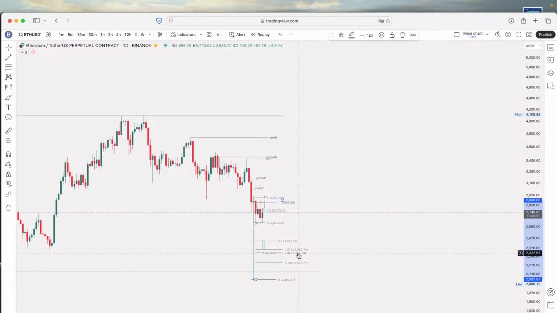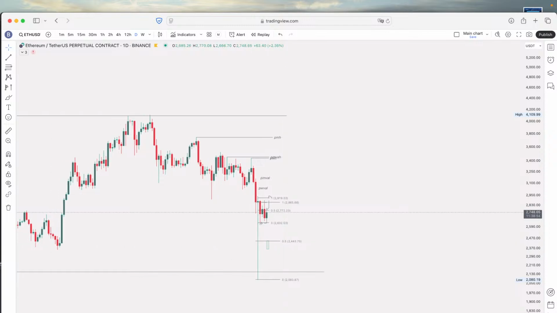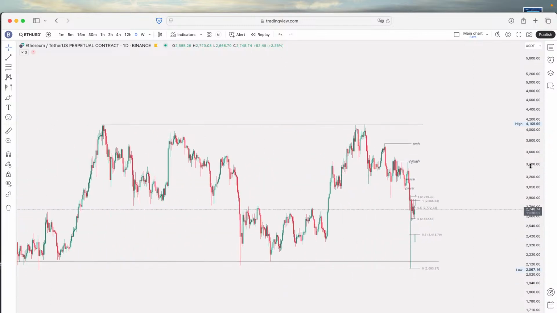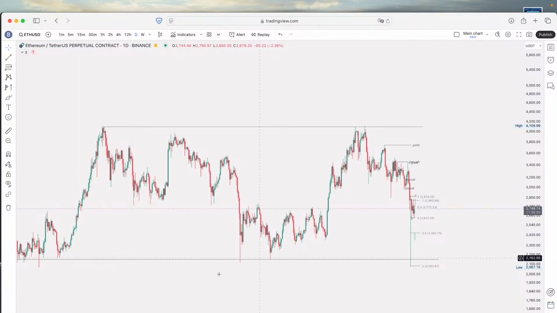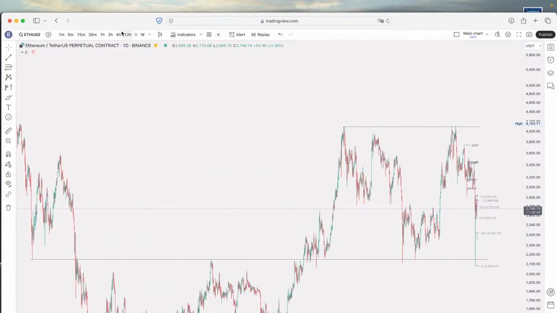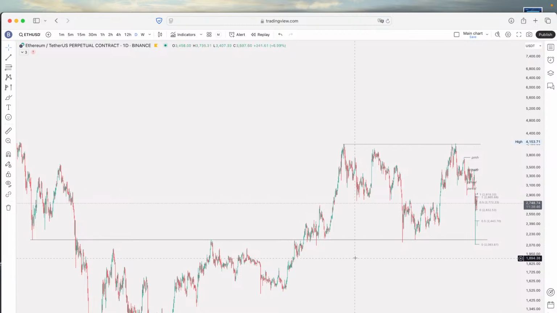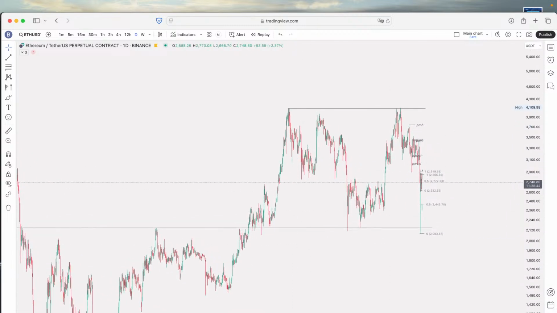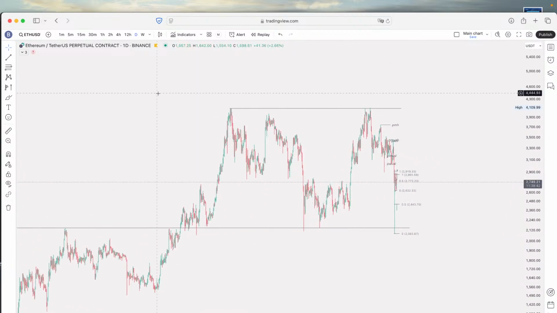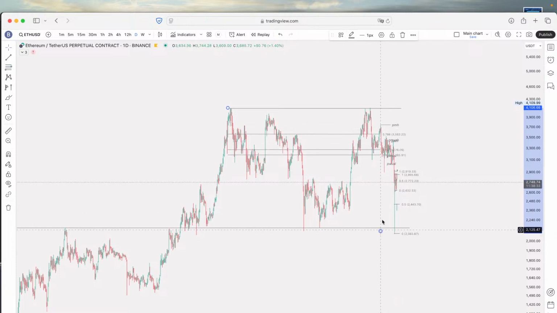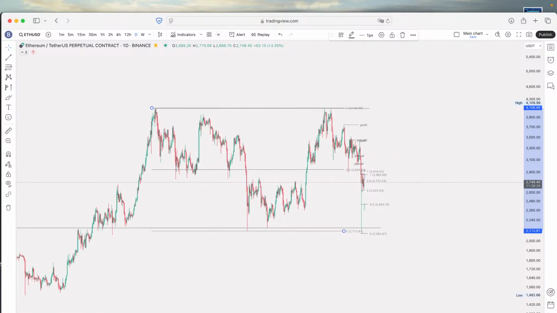But if we zoom out, why did Ethereum drop so much here? If we zoom out on the daily basis, we can see the price after that breakout here, I will be showing it again, we had a range formed also here.